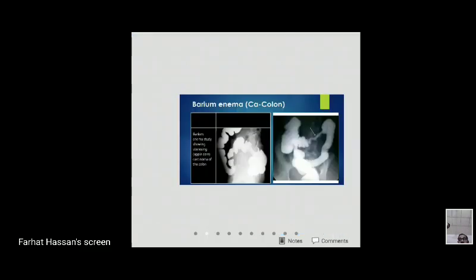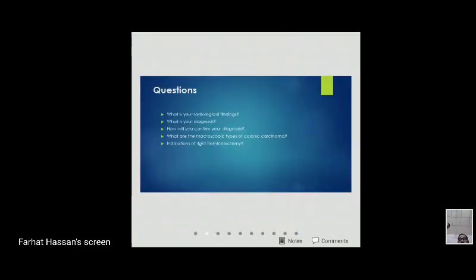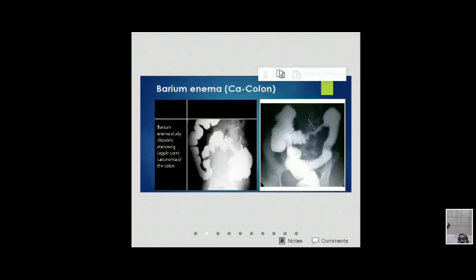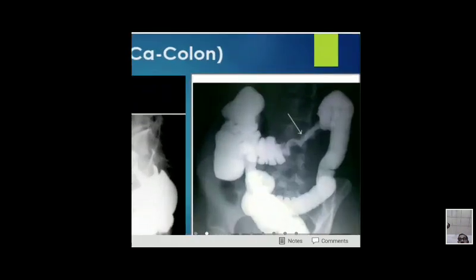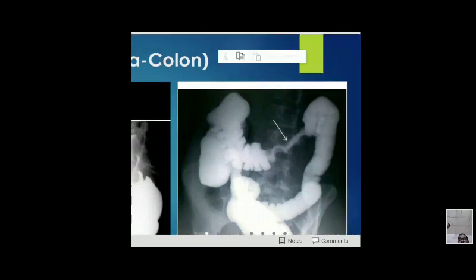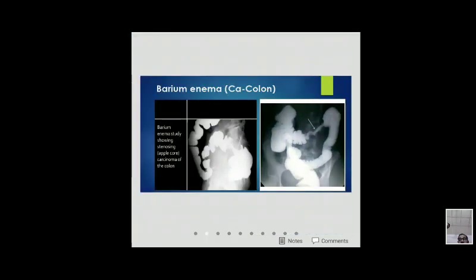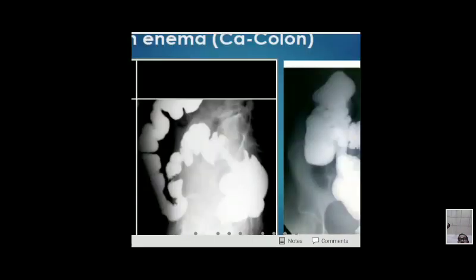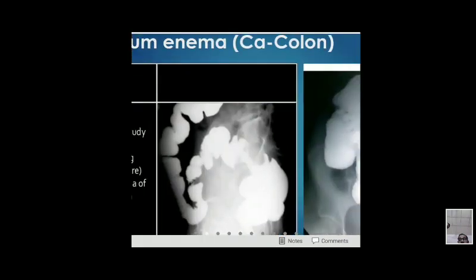Okay, see this. There is a filling defect in part of the large intestine. There is an obvious filling defect, and this is the typical so-called apple core deformity.